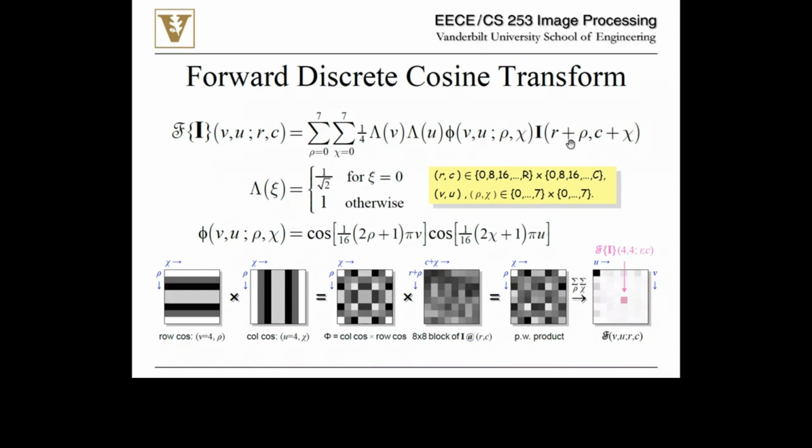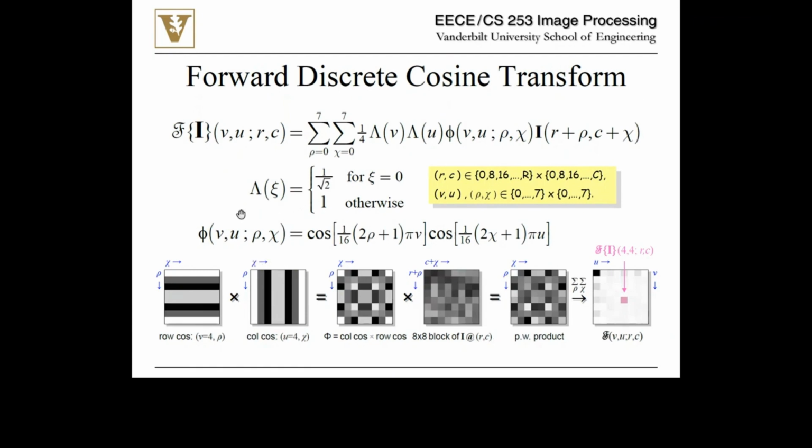So you have the patch, and then the inner product with the basis function. And these lambdas, they are normalization factors. We are not paying so much attention to normalization factors. It is something that guarantees that when you go the forward direction and the backward direction, you recover the input image again. But we are not paying too much attention to those.